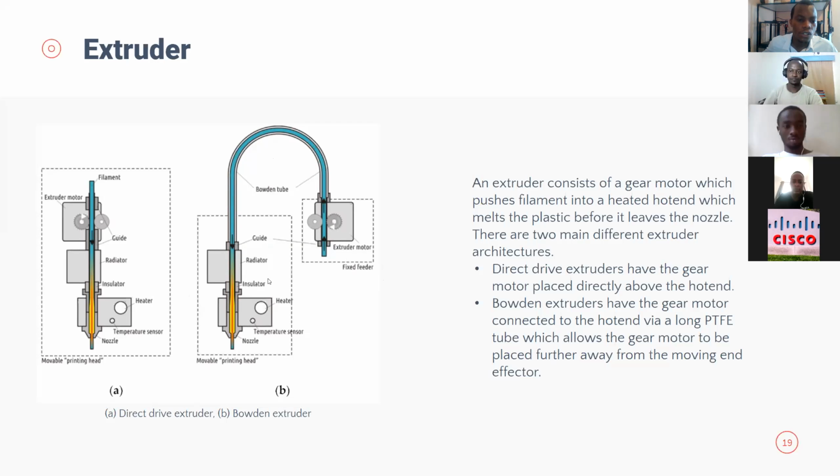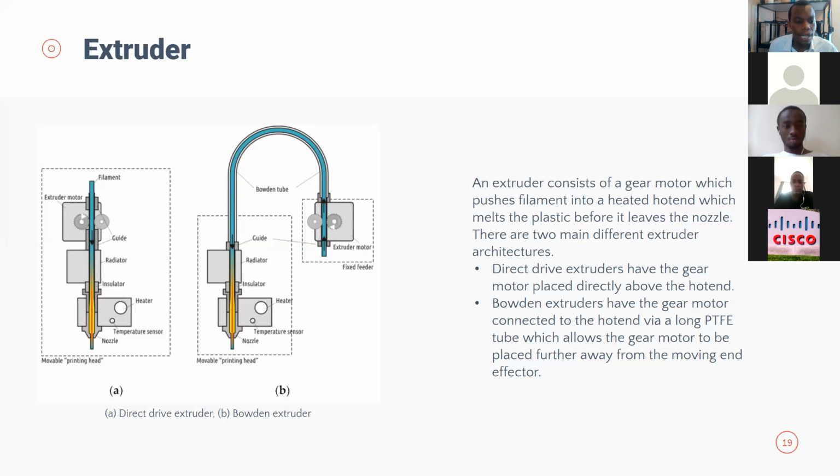So in the extruder head, or the printing head, we have a guide. The guide is just some plastic and some rubber which guides the filament into the head.